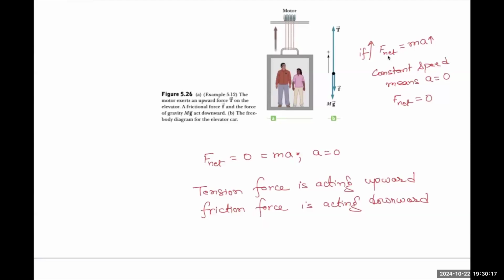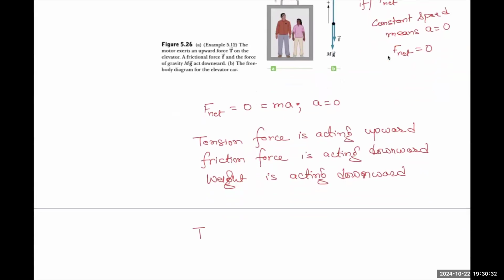And the weight is acting downward. So that means tension plus force due to gravity plus force due to friction must all add up to zero. Make sense? They all add up to zero.